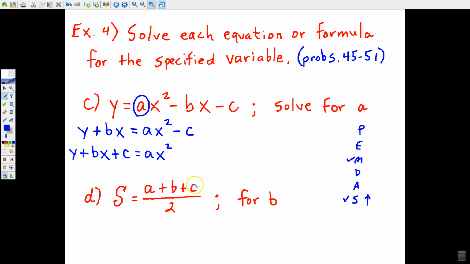I've taken care of undoing the subtraction. Now to get a by itself, I have to undo multiplication. How do I undo multiplication by x squared? I divide by x squared. So this is going to be my final answer.